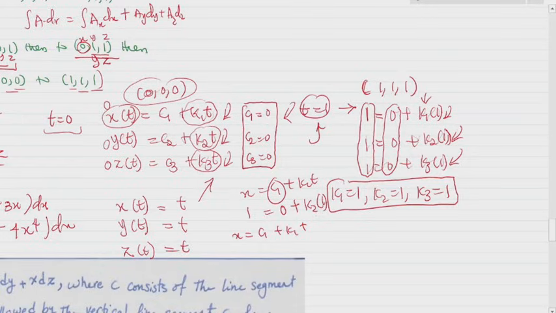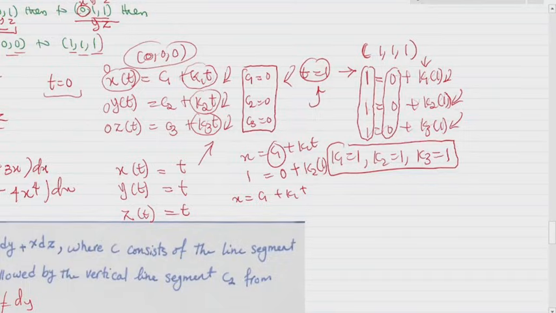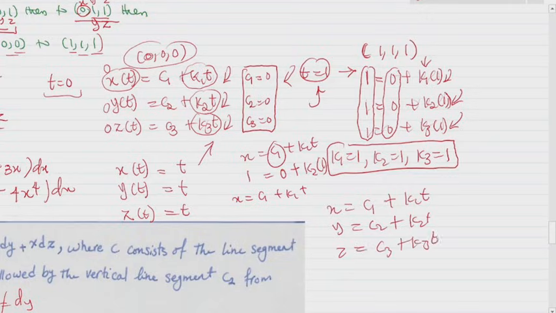So that means in your equation, x equals c1 plus k1t, y equals c2 plus k2t, z equals c3 plus k3t. All your c are already 0, so that is out of the equation. Then what are your k? 1, 1, 1. So x of t is equal to t, y is equal to t, z is equal to t.